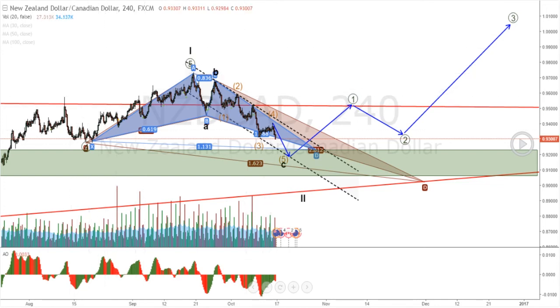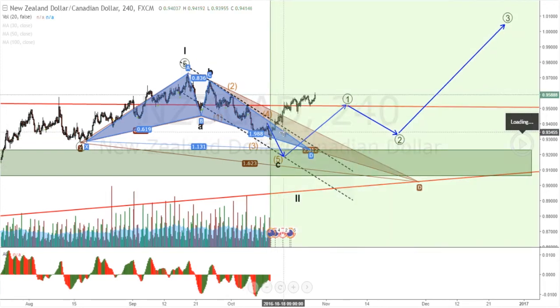This is the channel I just drew, and I was looking for it maybe to come a little lower to this area, either here or here, and then break up. And in fact, it broke up immediately after that.